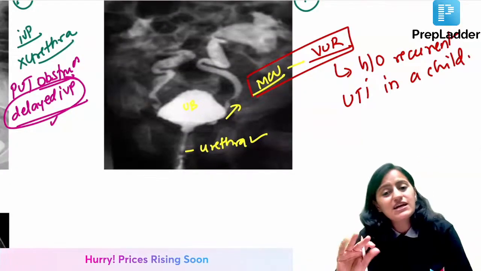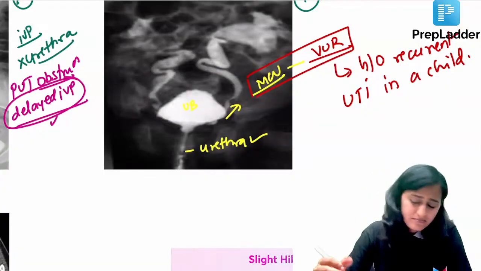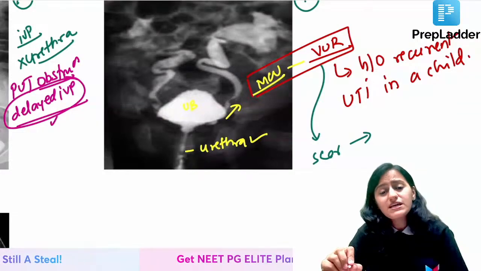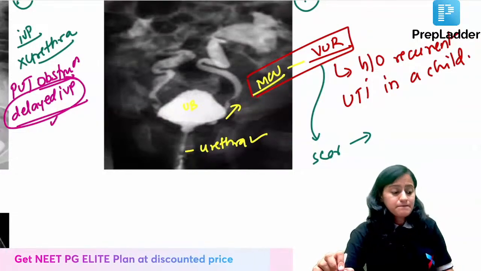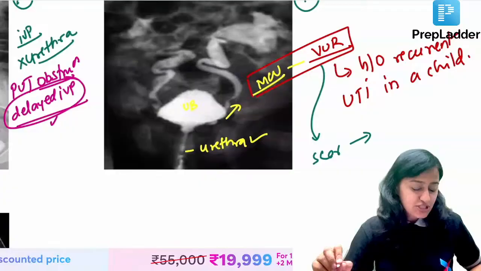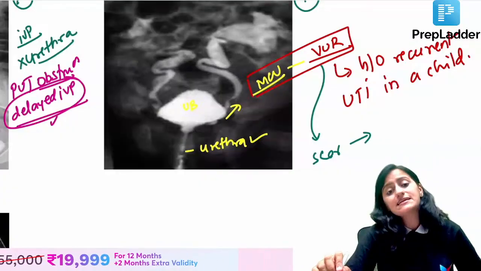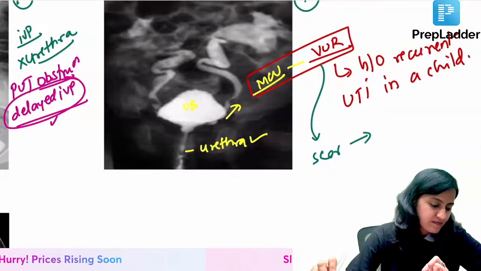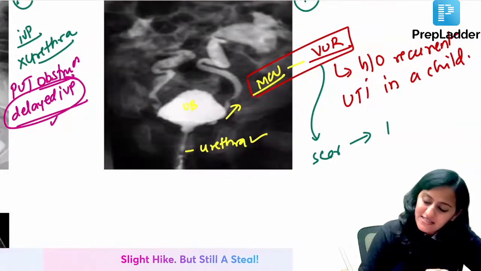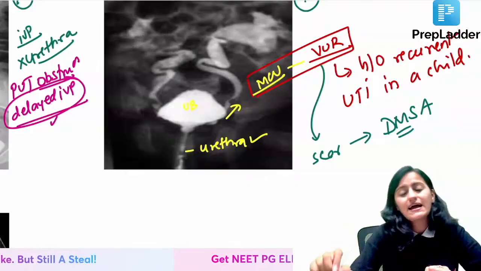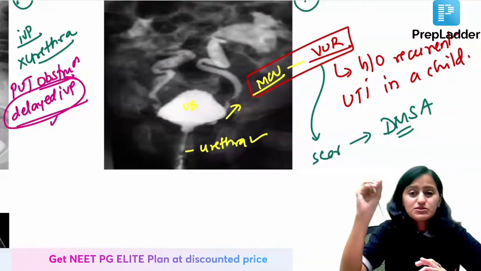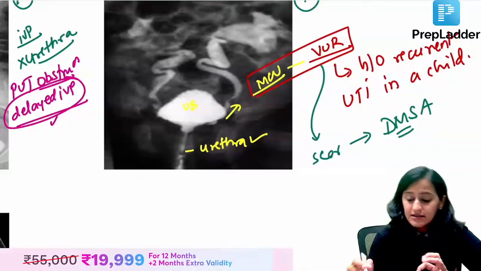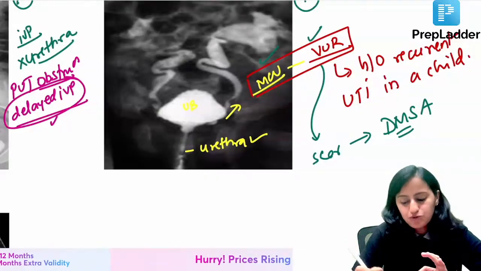When a history of recurrent UTI in a child comes, think of VUR. If the question asks which investigation to do to look for scarring in the kidney due to VUR? Deepak, the keyhole appearance that is seen in posterior urethral valve. Very good, correct. For the scarring, you will do DMSA scan, which is a nuclear scan which helps you see the scarring in the kidney. Okay, so DMSA scan is done for scar. If you want to prove there's a reflux, then you do MCU.